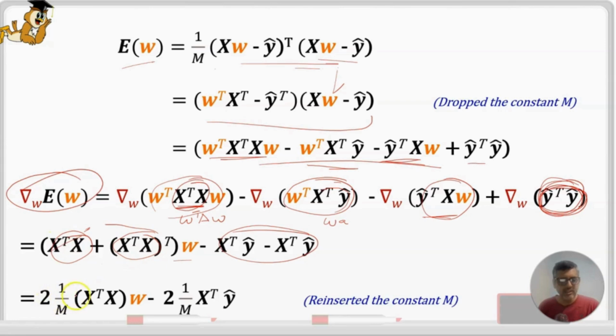So what we have is 2 times x transpose x w minus 2 times x transpose y hat, and I have reinserted the m which we dropped over here, right? m is a constant and therefore it just comes out as a part of the gradient. I didn't carry that m all along with me just so as not to clutter, but I reinserted it right here, and this is the gradient of your mean square error with respect to the weights w, right?